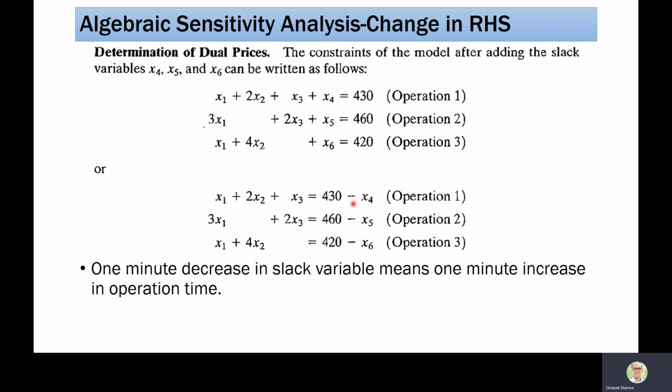Now, if we look at operation 1, it says that if I reduce x4 by 1 minute, it is actually changing the right hand side by 1 minute for operation 1. Similarly for operation 2, when we reduce x5 by 1 minute, it is actually increasing the right hand side of operation 2 by 1 minute, and similarly for operation 3. This particular thing we are going to use later.